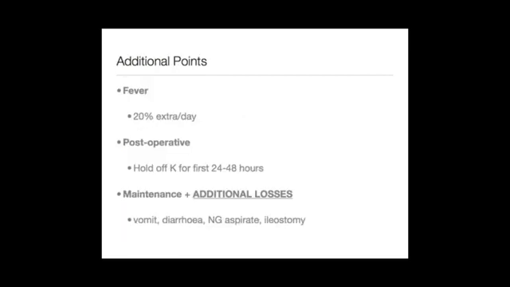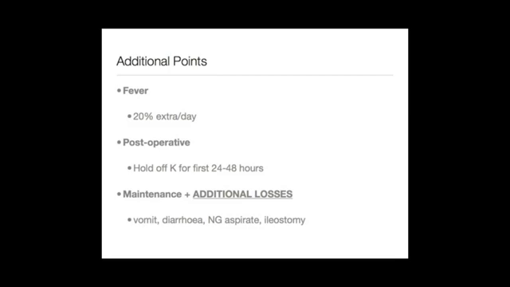However, there are a few additional rules of thumb that it's important to know about. The first of these is in the setting of fever. As Johnny already said, patients with a pyrexia require increased fluid input because they have increased insensible output. And this is usually through providing roughly 20% extra per day.